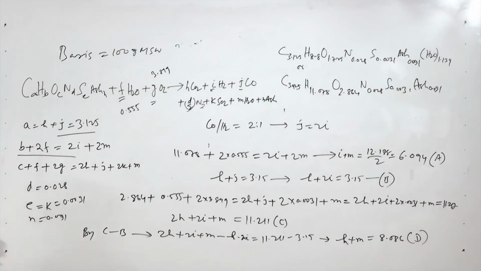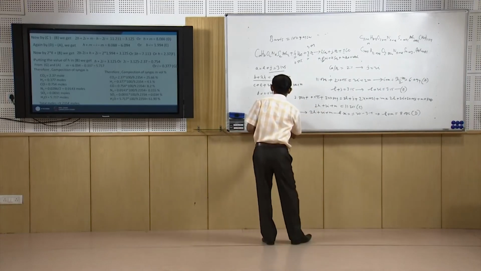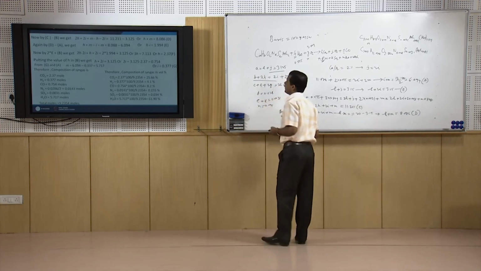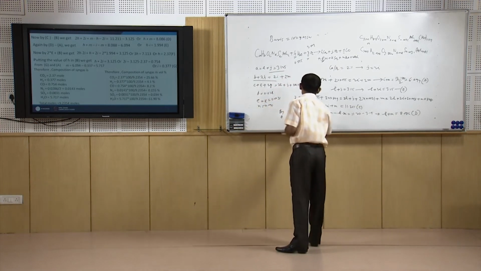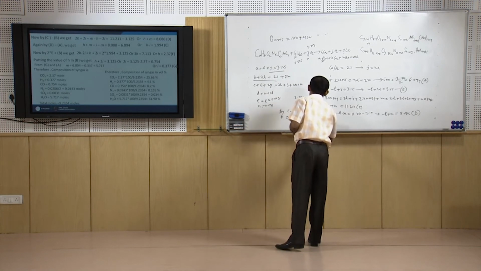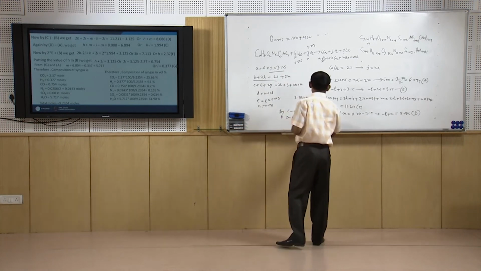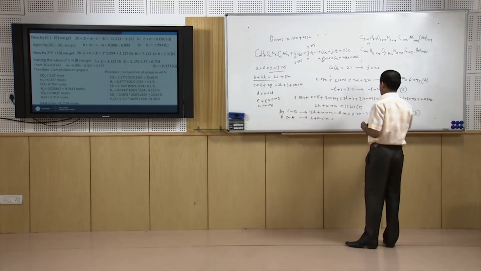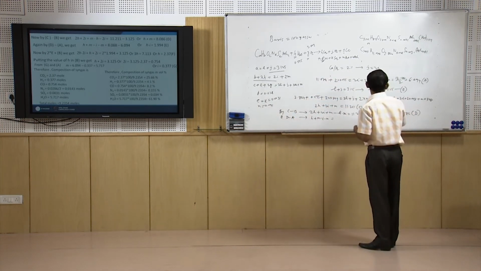Again, by D minus A, we are getting H plus M minus I minus M. What is D? H plus M. What is A?